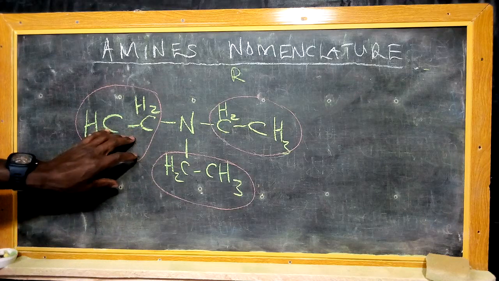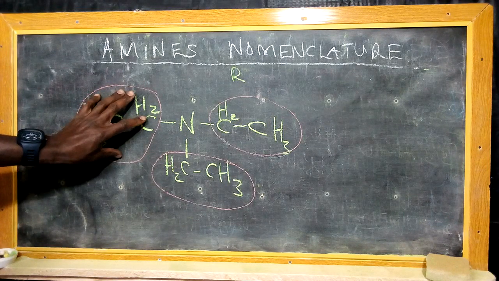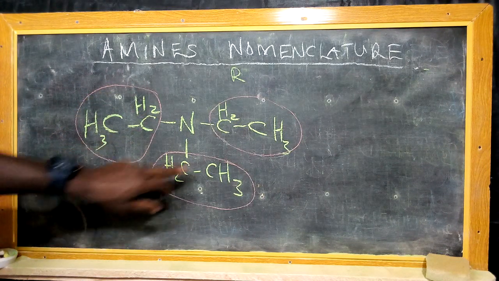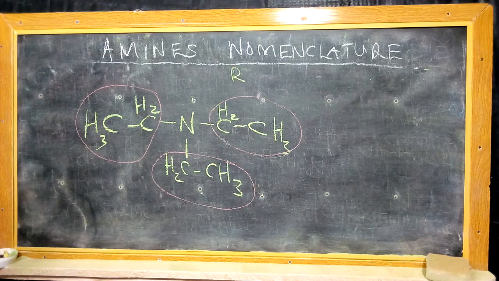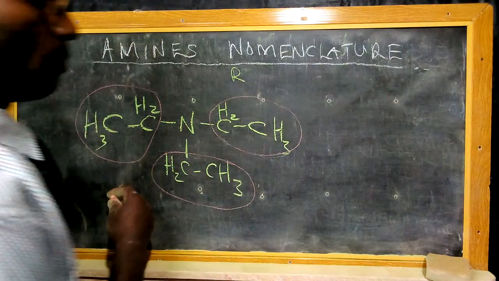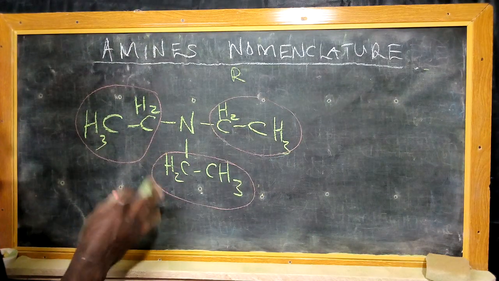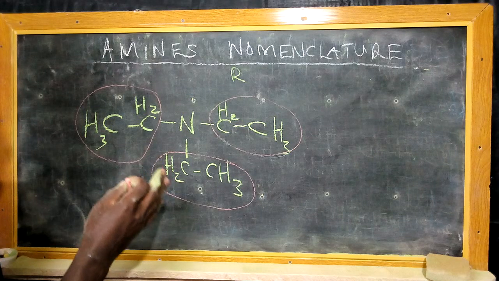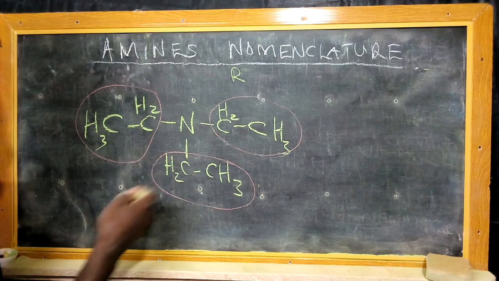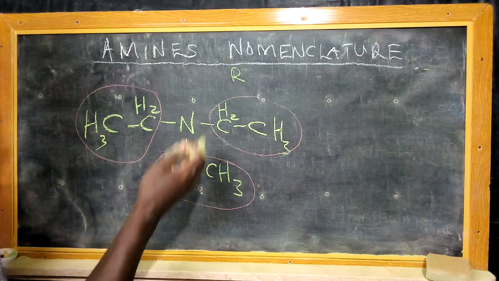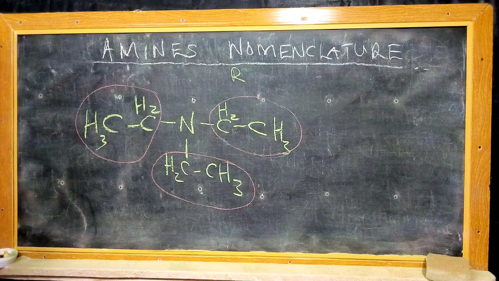So if we look at their structure, you'll note that they are all the same. Actually, this is a 2-carbon member, which is known as ethyl. So that is an ethyl group, or ethane from the alkane series. It's an ethyl now when it has been substituted.